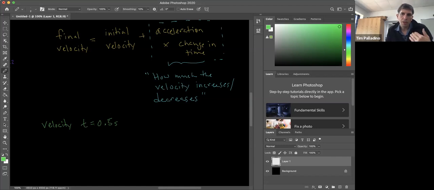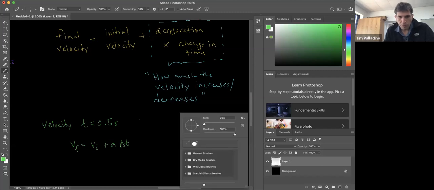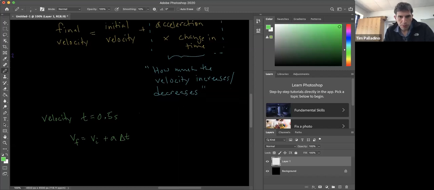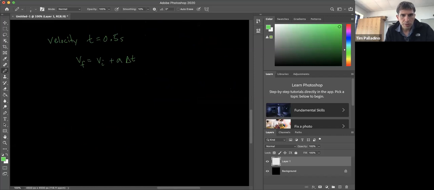To do that, a good practice is to always write down the formula that you're using. So we know that v final, the final velocity, the velocity after half of a second, equals the initial velocity plus the acceleration times the change in time. For the information we plug in, our final velocity is our unknown.